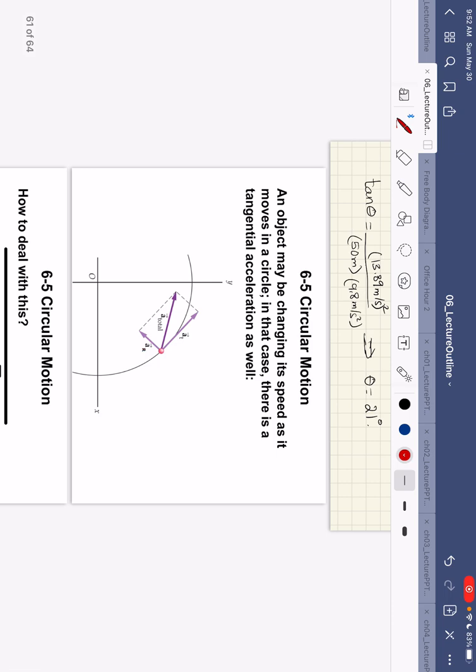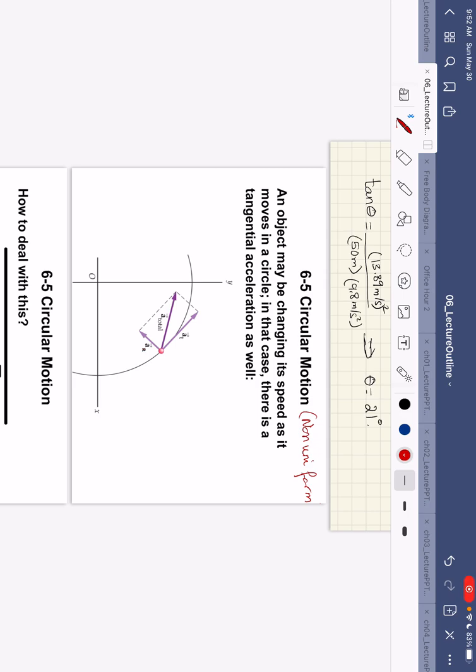Now, if we have an object that is not moving with uniform motion, this is non-uniform motion, which means I might have a tangential acceleration and also a radial acceleration.